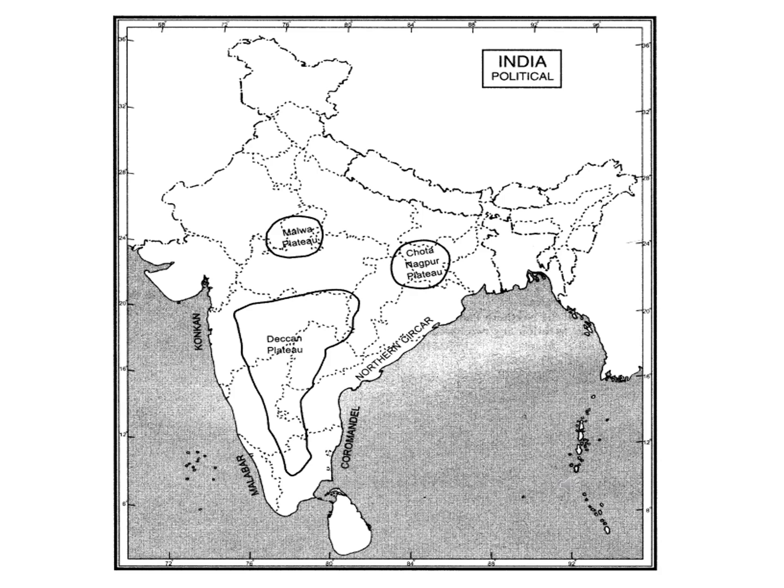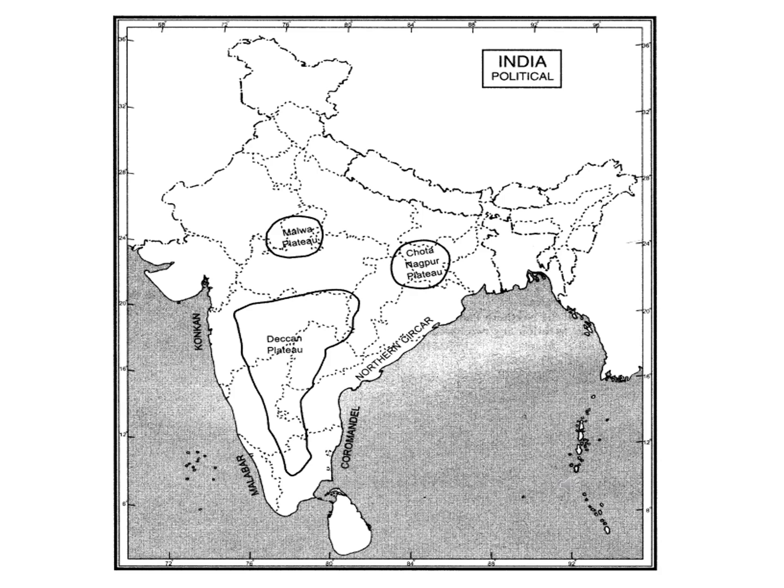The Chota Nagpur Plateau covers the states like Jharkhand, Odisha, Bihar and Chhattisgarh. It is rich in minerals and has some of the world's largest deposits of coal, iron ore, copper, bauxite and limestone.